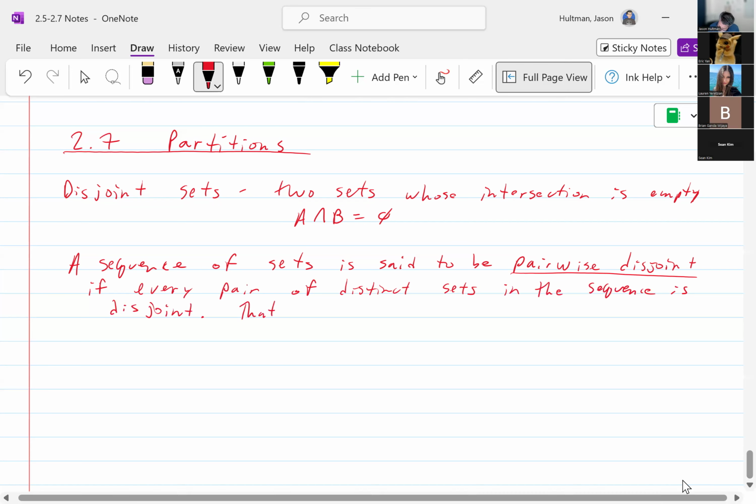That is, A sub i intersect with A sub j is equal to the null set for any i and j in the range from 1 through n, where i is not equal to j.